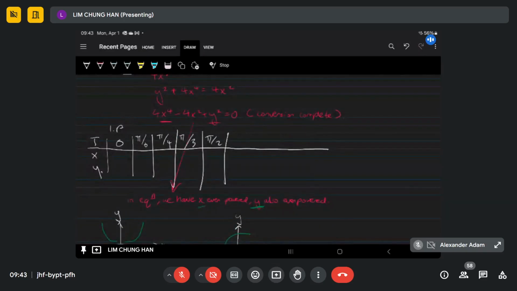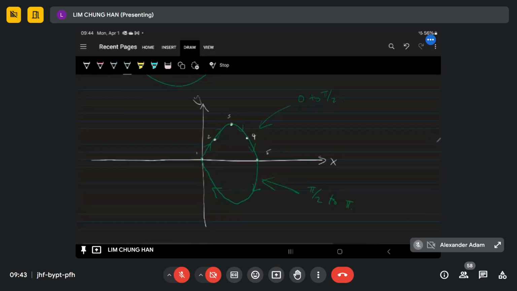In this table, you can continue plotting all the way to pi. You find the points, you will see that the points are here. Next, you stop here, but this is only until pi. In the question, I asked you to look for 0 to 2 pi. So you have to keep continuing.